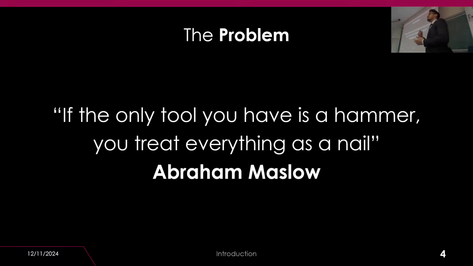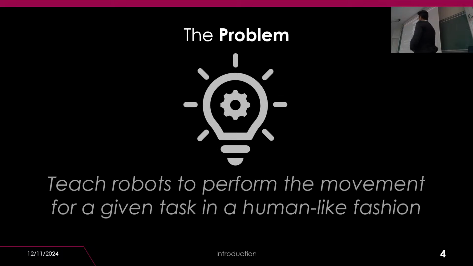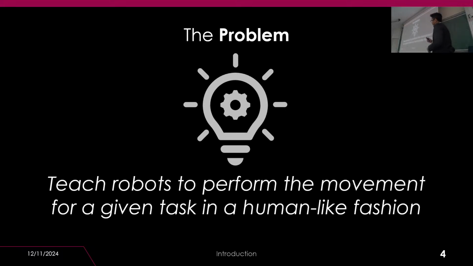So if we continue to use the same tools, perhaps we won't get out of this valley of performance. How can we make robots less clumsy? How can we make them perform much like ourselves? I believe the answer lies in teaching robots how to do things, how to perform movements for a given task, the way we would do it, in a human-like fashion.